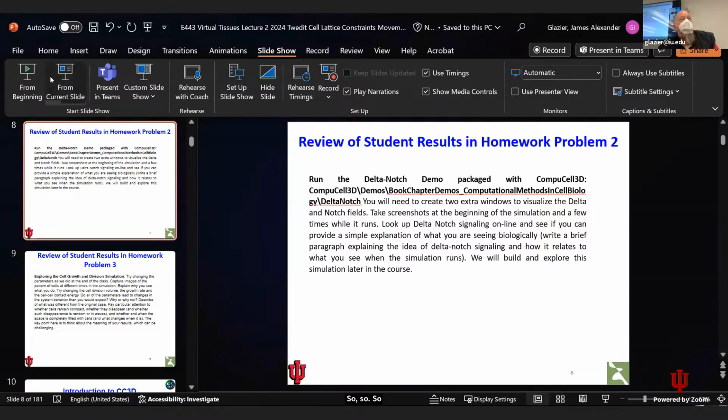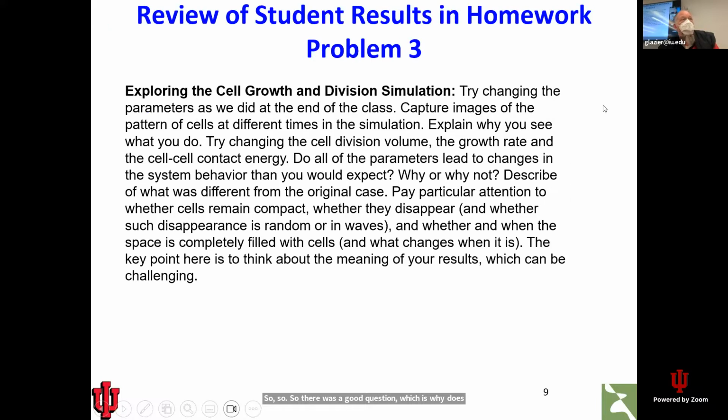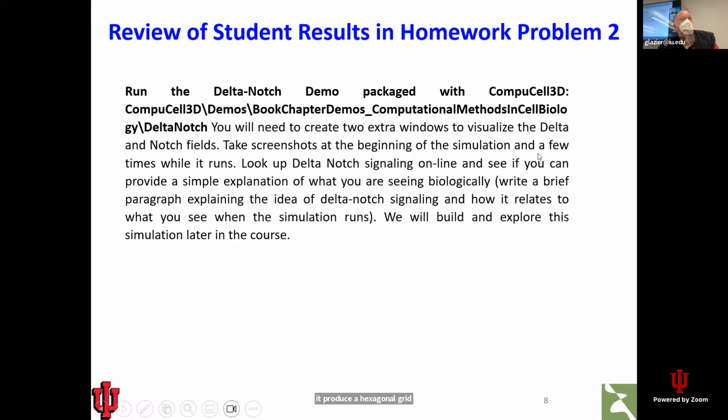So there was a good question, which is why does it produce a hexagonal grid? And the answer is that there is what's called lateral inhibition going on. That is that each cell is trying to be high delta and high notch and trying to force its neighbors to be low delta and low notch.